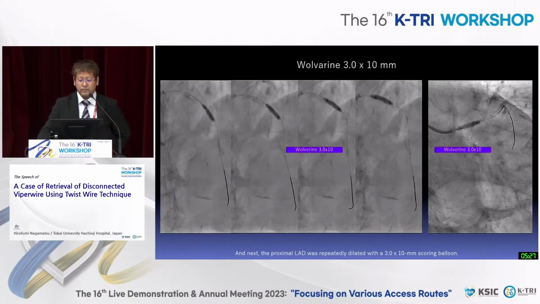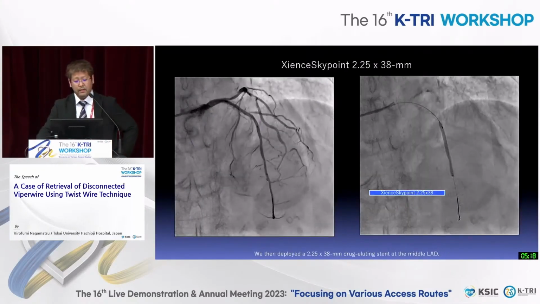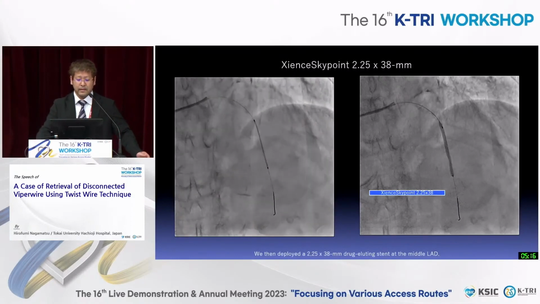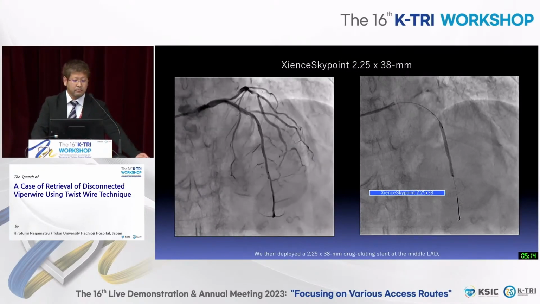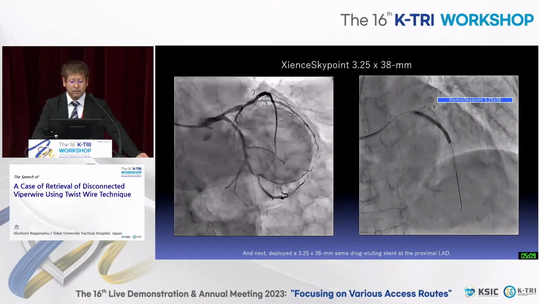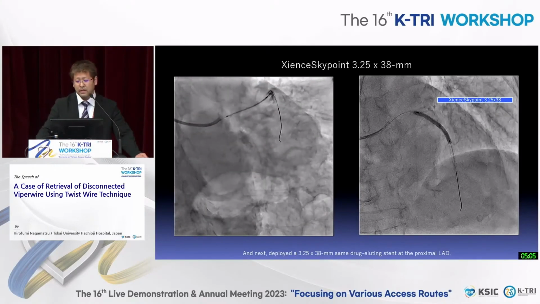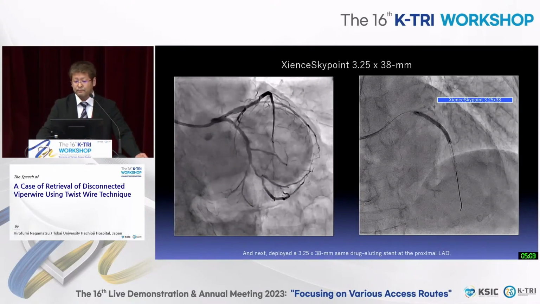And next, the proximal LAD was repeatedly dilated with a 3.0 by 10 mm scoring balloon. Then we deployed a 2.25 by 38 mm drug-eluting stent at the middle LAD. And next, we deployed a 3.25 by 38 mm same drug-eluting stent at the proximal LAD.